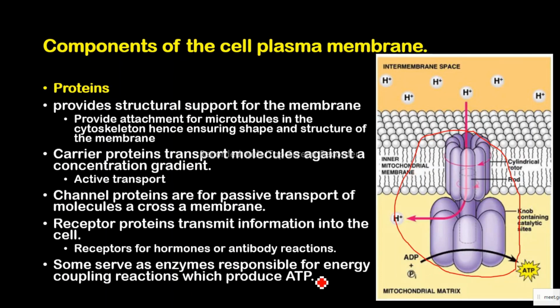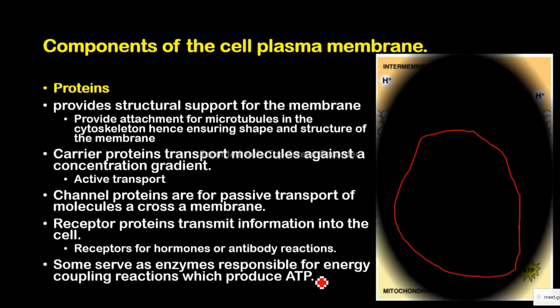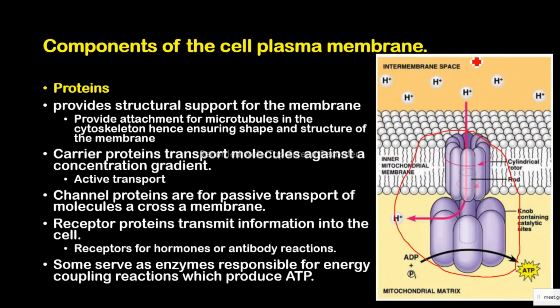In respiration, there is what we call chemiosmosis, or the chemiosmotic model. It is also in photosynthesis, in the production of ATP. You produce ATP by chemiosmosis, and this is a protein that is involved.